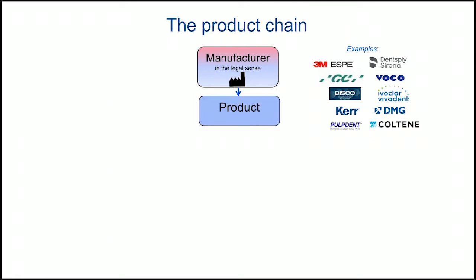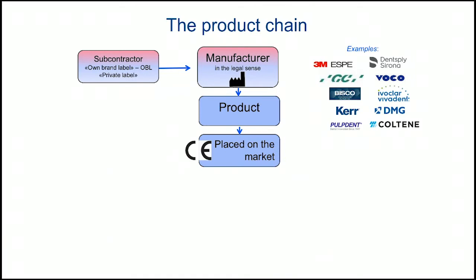And they, of course, make products, specific product, and that could also be made by a subcontractor, so-called OBL products, own brand label products that are made outside the manufacturer's facilities. But the manufacturer is still responsible. The product has to be CE marked to be placed on the market. That's the responsibility of the manufacturer, whether it's an OBL manufacturer or not.